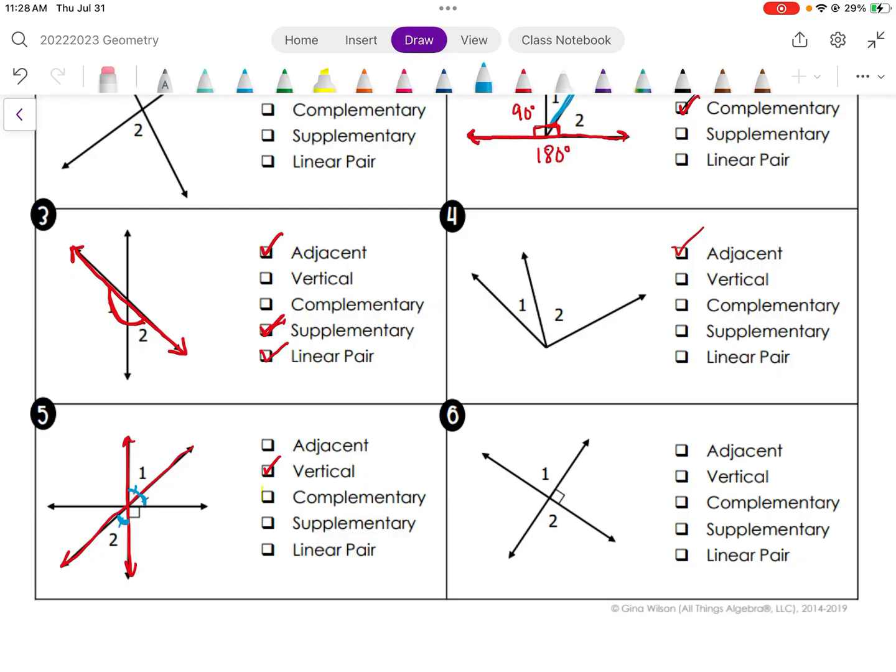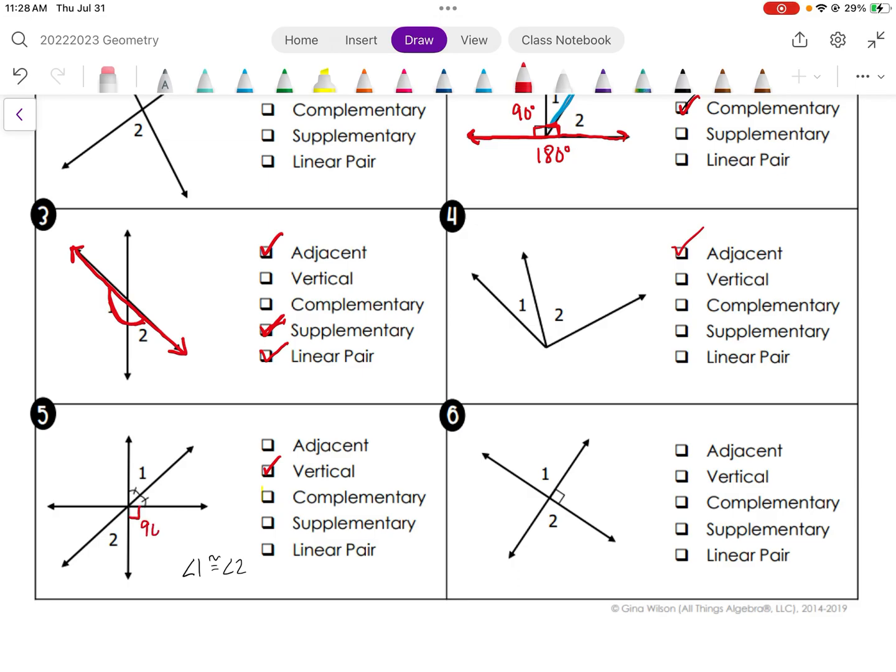Could angle 1 and angle 2 add up to 90? I want you to think about that for a second. Do angle 1 and angle 2 add up to 90? Well, here's the thing. I'm going to erase some of my marking. Okay, we said angle 1 and angle 2 have to be congruent. They're the same, whatever it is.